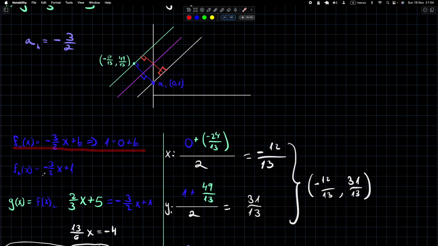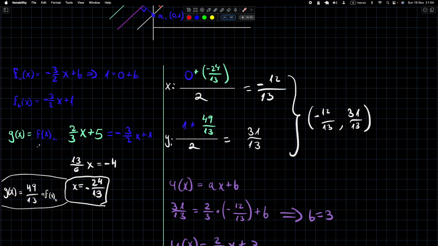I discovered this equation, and then I looked for the intersection between the two lines, the green line and the purple line. I got the results and wrote them.